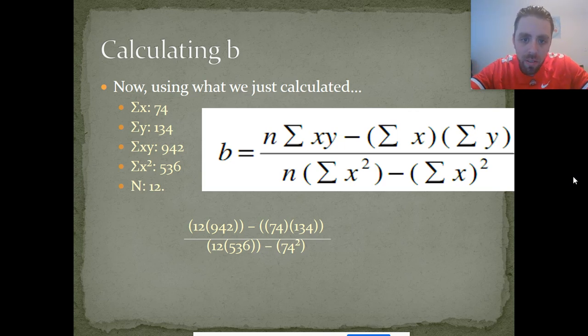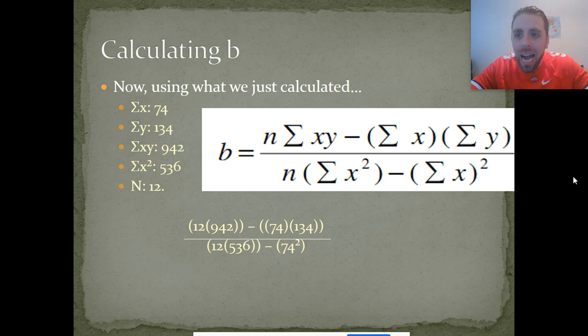N equals 12. The summation of xy is 942. The summation of x is 74. The summation of y is 134. That's what I need to establish the parameters of my numerator here. So 12 times 942 minus 74 times 134.